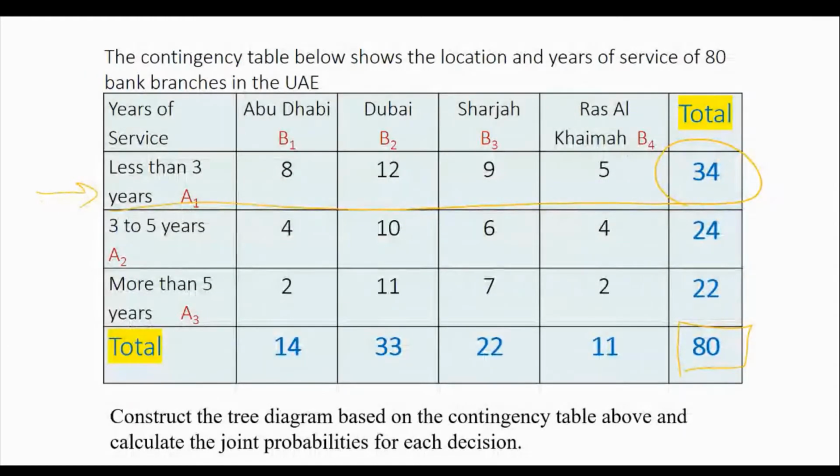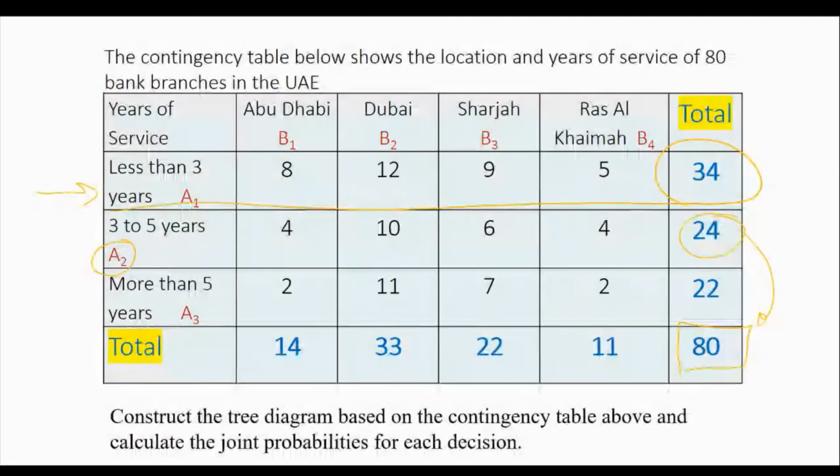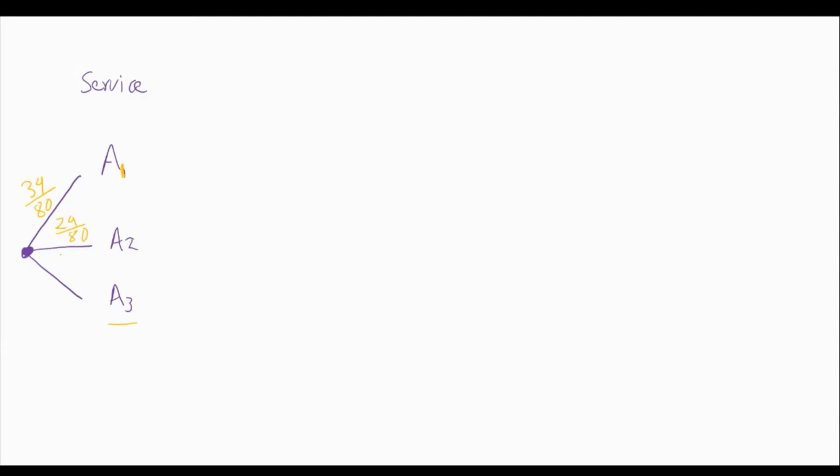The next one, 3 to 5 years. We have 24 out of 80. How about A3? For A3, we have a total of 22 branches out of 80.